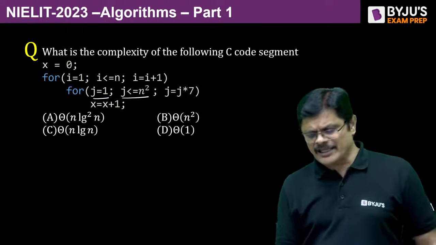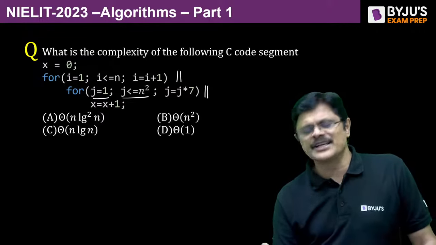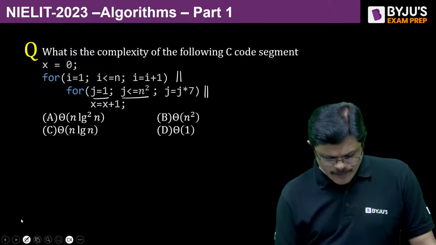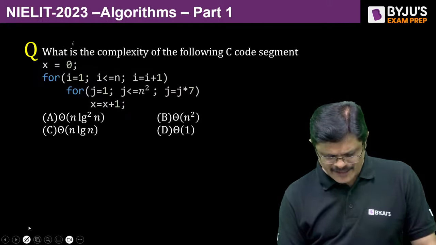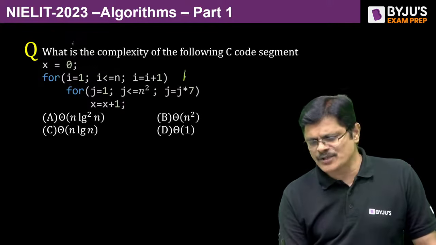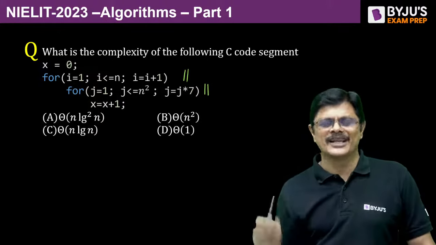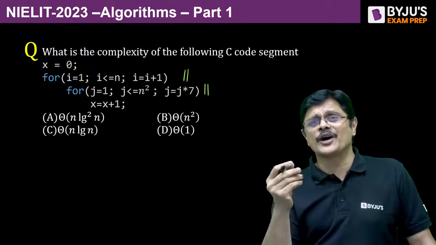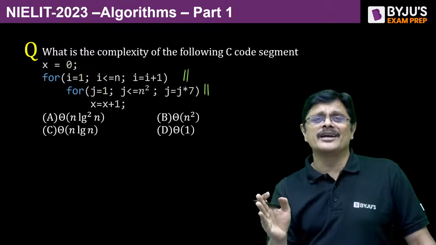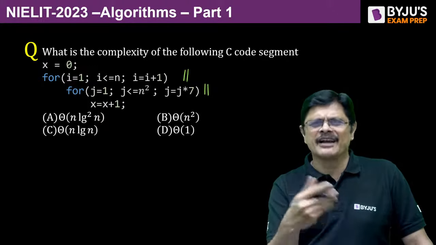In that particular case, you can just see how many times this loop iterates and how many times this loop iterates. Multiply, you will get the answer. The outer loop iterates n times because you are going from 1 to n with constant value addition every time.